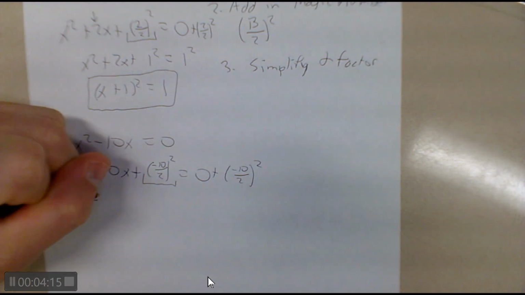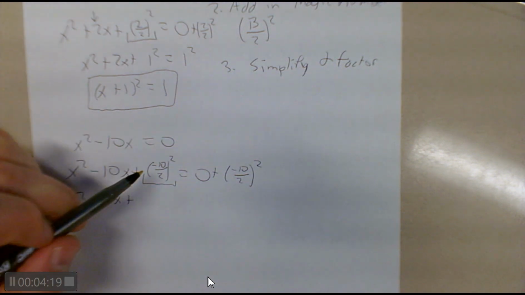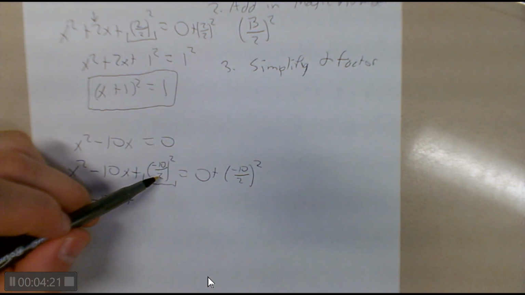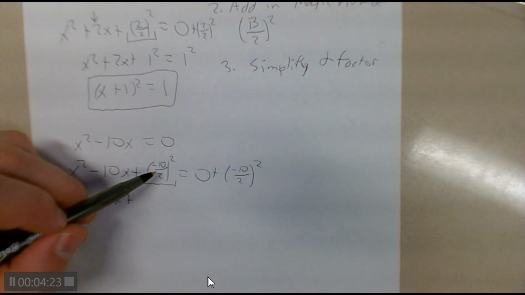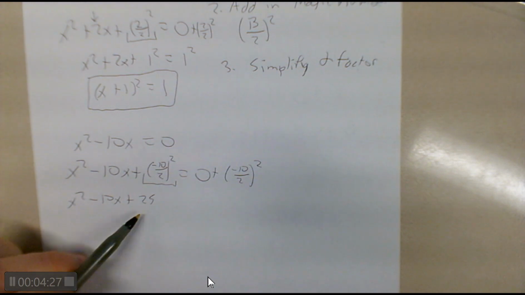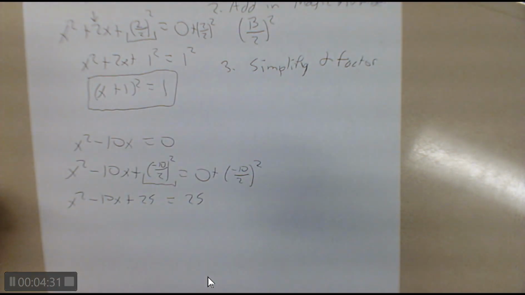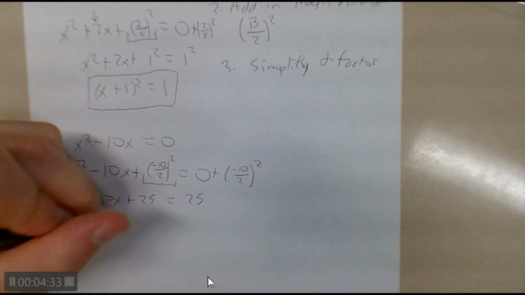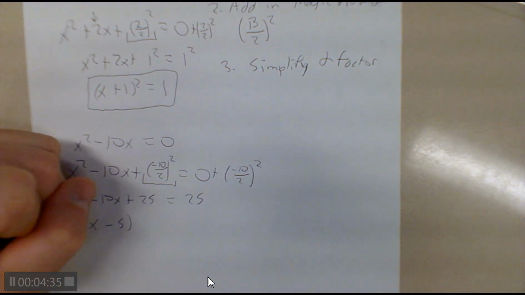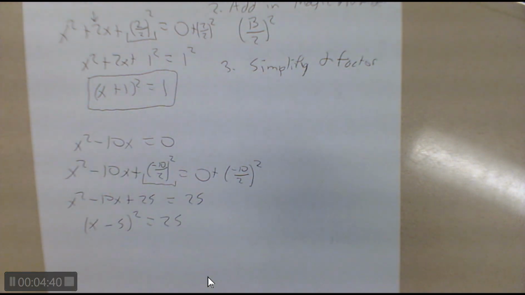So it's x squared minus 10x plus negative 10 divided by 2 is going to be negative 5. Negative 5 squared, it's going to be a positive 25. Okay? Equals 25. So we have x minus 5 squared equals 25. It's feeling okay? Hopefully.